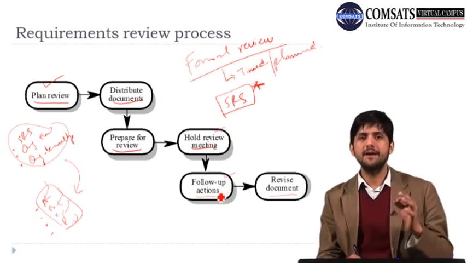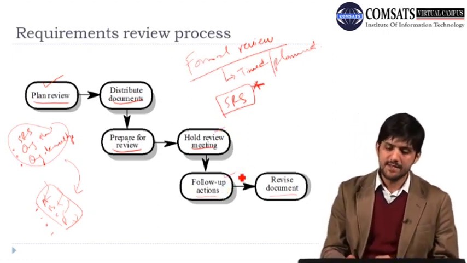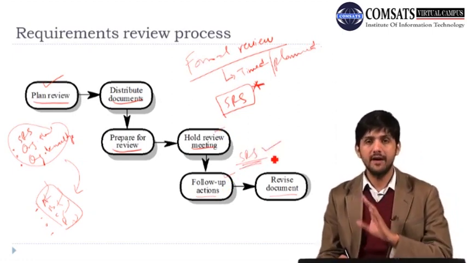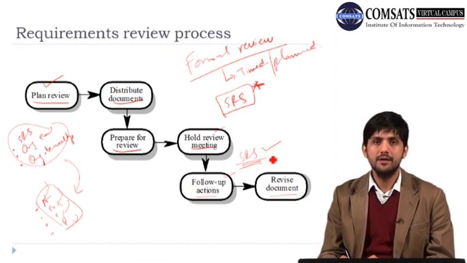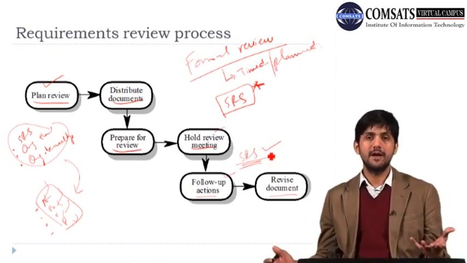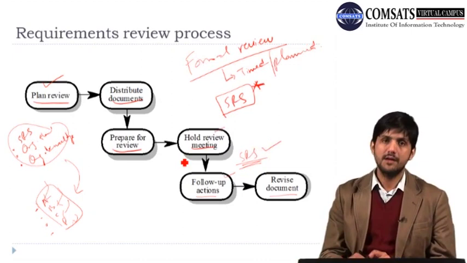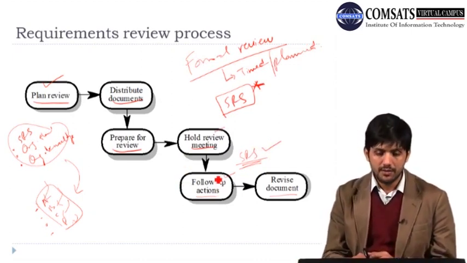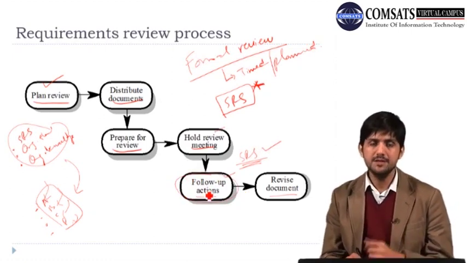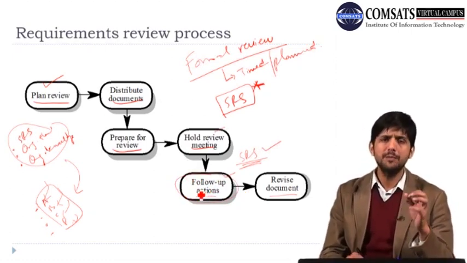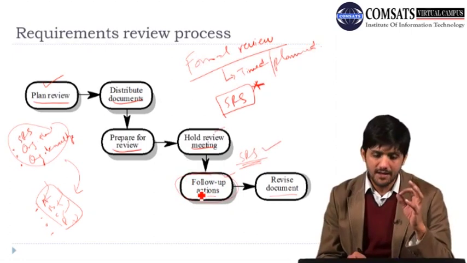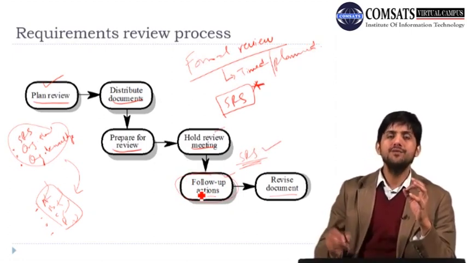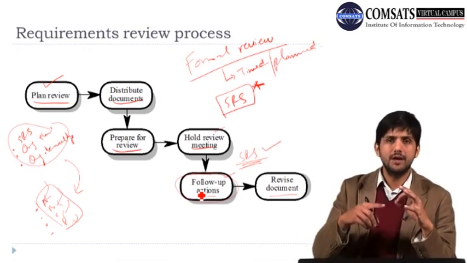So if, for example, at the end of the review meeting, your SRS is absolutely fine. So there are 2 possibilities here. If the SRS is absolutely fine, then your requirement document is validated and it's fine. But if you realize that no, there are lots of problems in it, then you need to look at all the follow-up actions, and it depends on the problem what sort of follow-up action would be decided. If there are lots of problems in your document, then you would have to go through another review again.